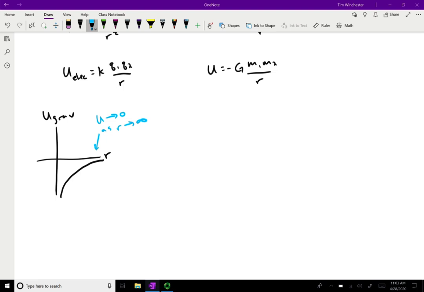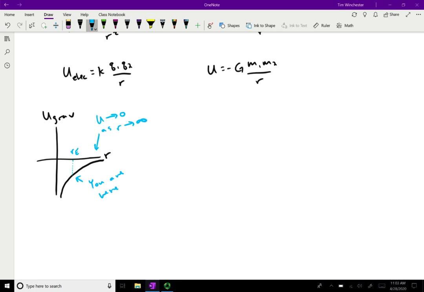Another feature of gravitational potential energy is that we kind of live in a really small range here near the radius of the Earth. In our everyday experience, we never get very far above or below the surface, and so everything that we experience is basically just in this really small region near the radius of the Earth.